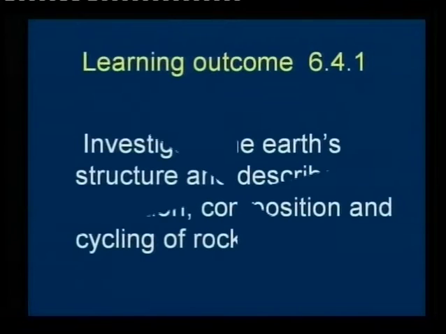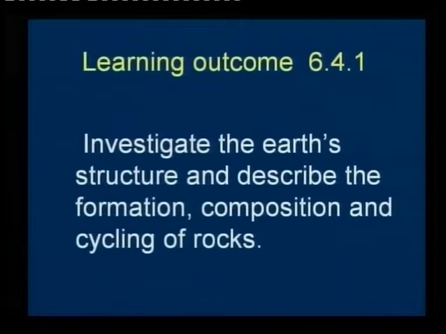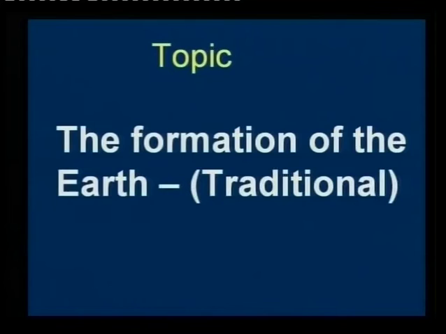Now, receiving teachers, this would be learning outcome 6.4.1. Our topic for today is the formation of the Earth and the traditional version of the formation of the Earth we will be looking at in today's lesson. And this is, of course, lesson number 84.